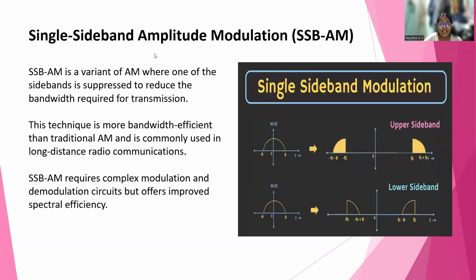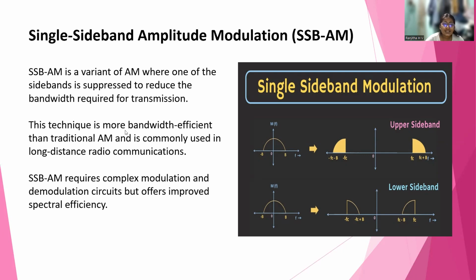Single sideband amplitude modulation. Single sideband modulation is a variant of amplitude modulation where one of the sidebands is suppressed to reduce the bandwidth required for the transmission.